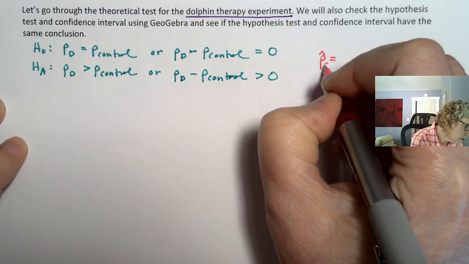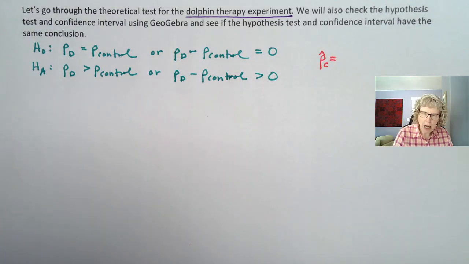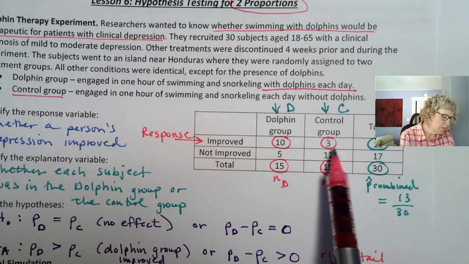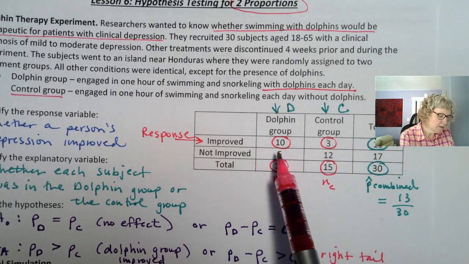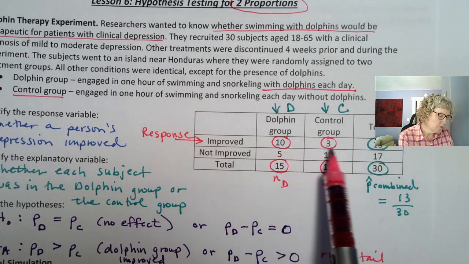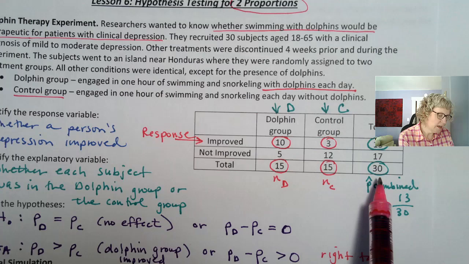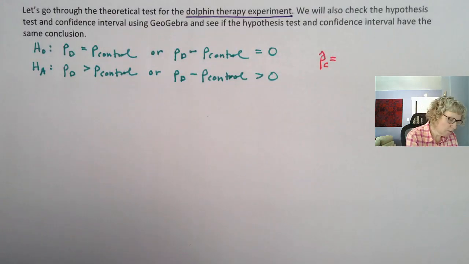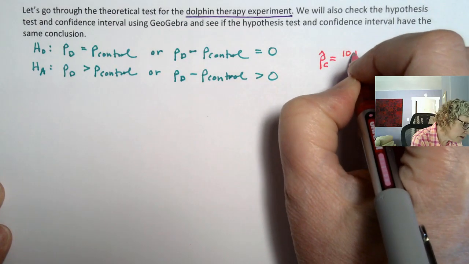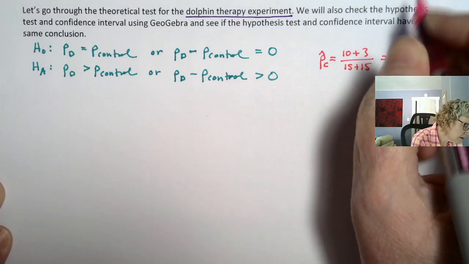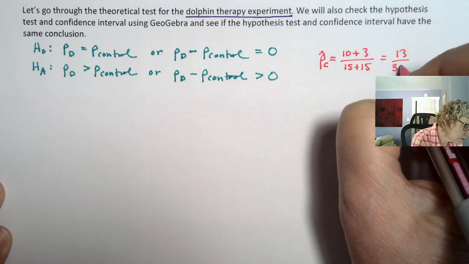Okay, now I'm going to do our P hat C, which is the combined, and mentioned that in the last video that if there's no difference between the groups, that means these folks were going to improve either way. So we're counting those as 13 out of 30. Okay, I'll write out the formula where we add the 10 plus 3 over the 15 plus 15 to get 13 over 30.